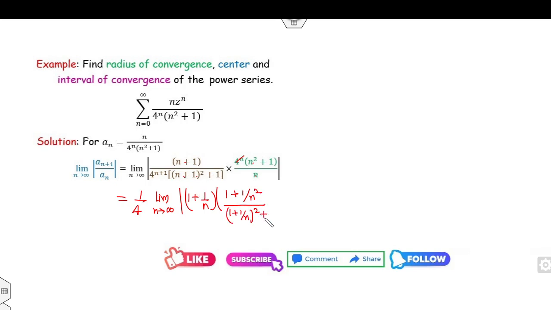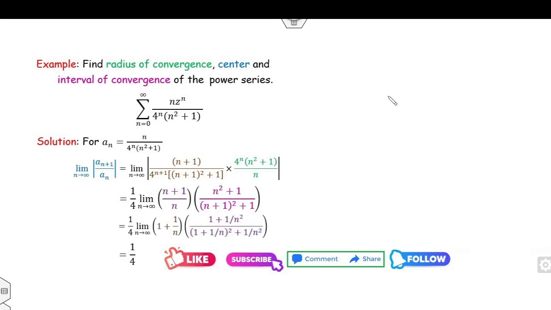Now you can take n approaches infinity. This value will be 1 over 4, times 1 plus 0, 1 plus 0, 1 plus 0. So the answer is 1 over 4.